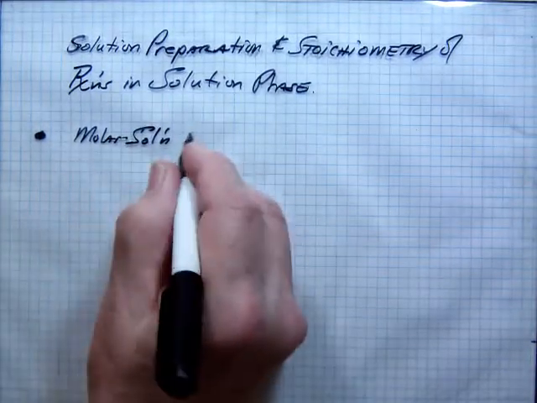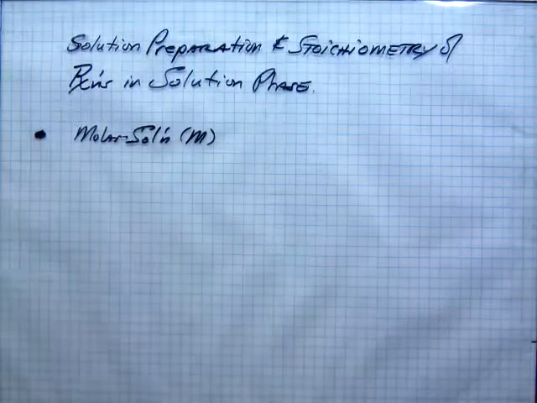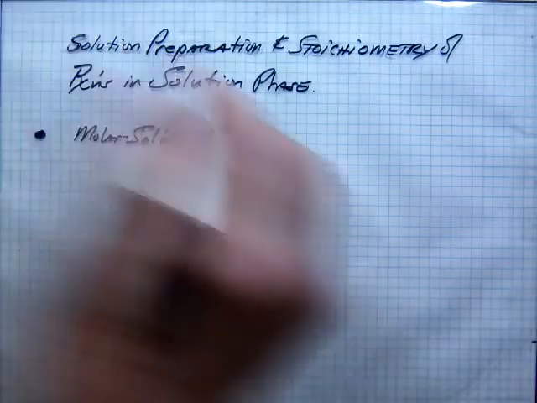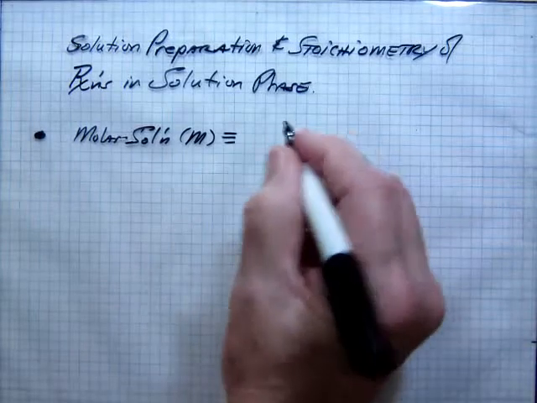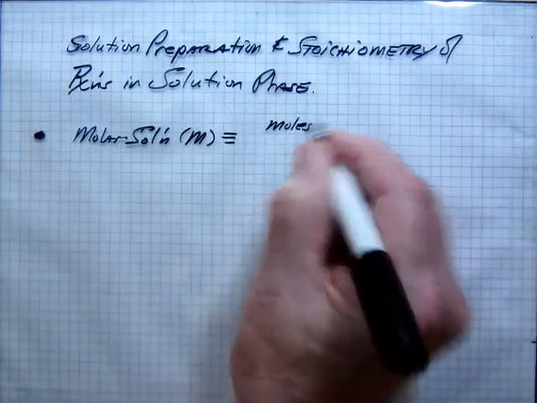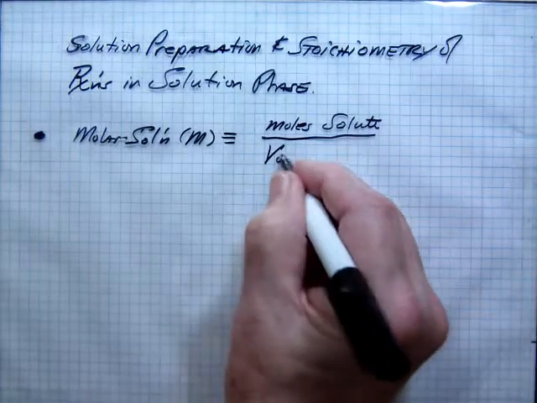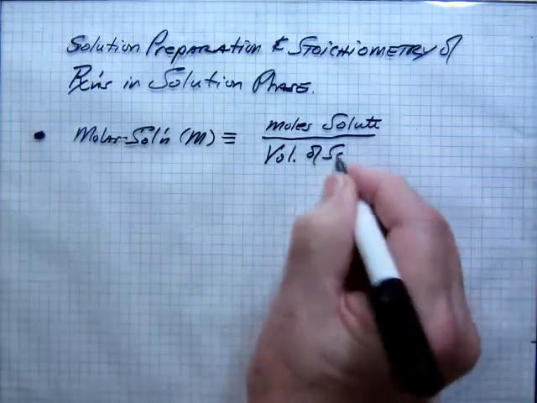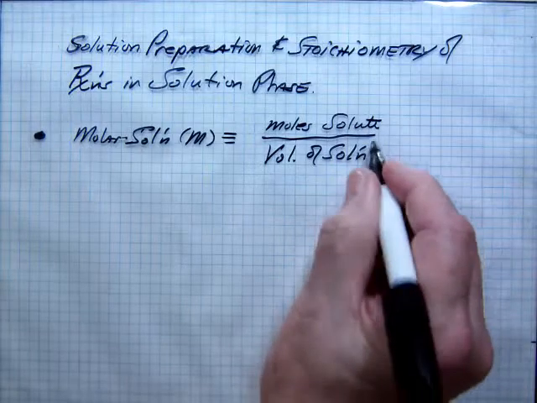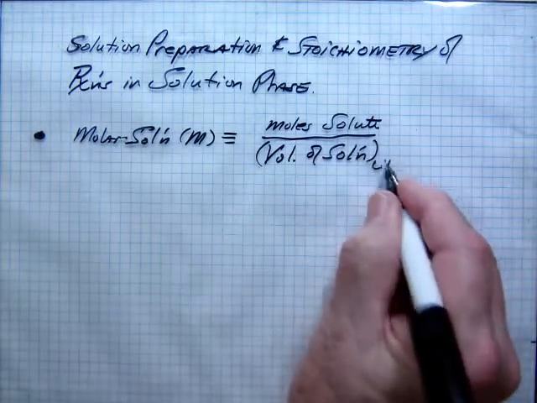A molar solution, which we identify with a capital M, is defined as moles of solute divided by the volume of solution, not solvent, but solution expressed in liters.